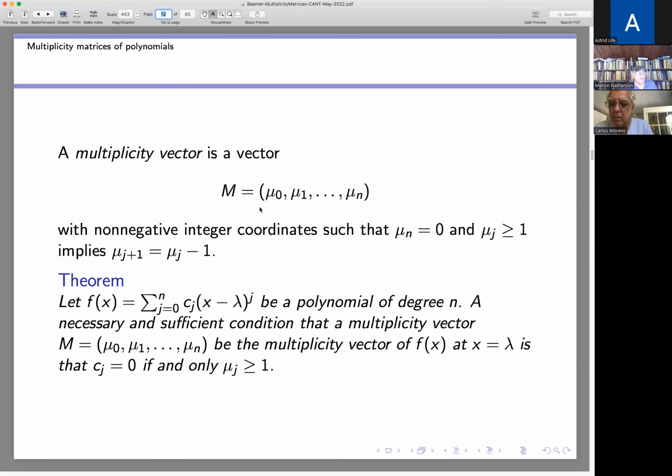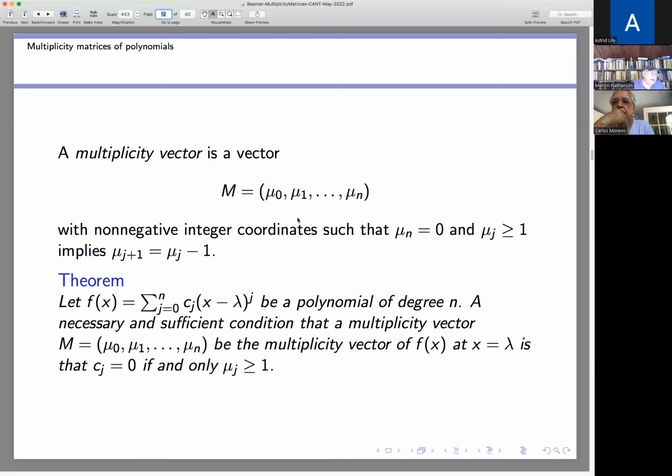So a multiplicity vector is a vector with non-negative integral coordinates with the property that, first of all, the nth derivative is always the last coordinate, which is the (n+1)th coordinate. This last coordinate is always 0. And if some mu_j is at least 1, then the next coordinate, mu_{j+1}, is 1 less than mu_j.